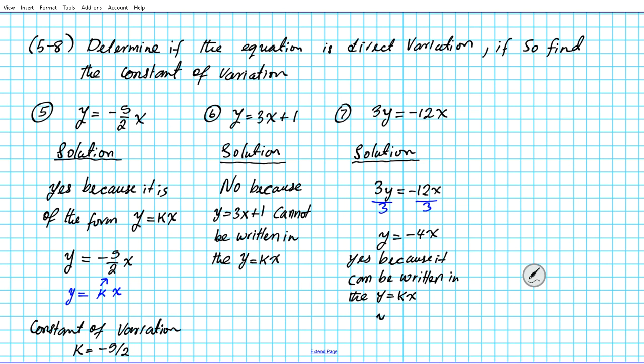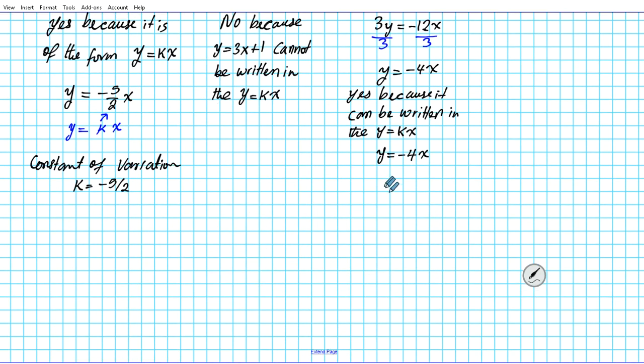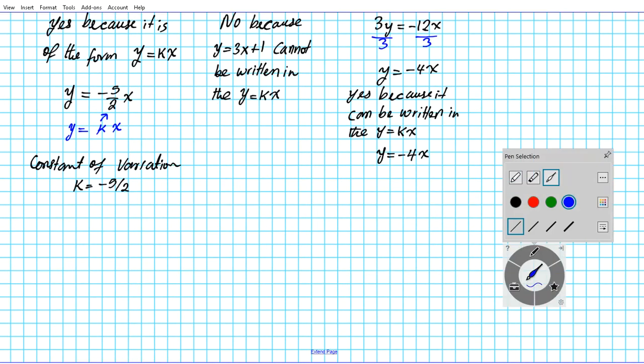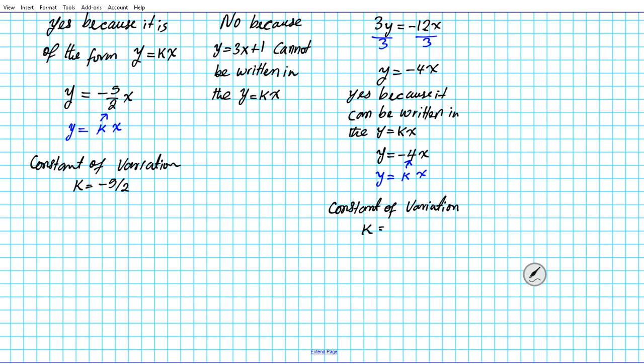And as you can see, the constant that x is being multiplied by in the y equals kx format represents your constant of variation. So there it is right there. That's your constant of variation. So our constant of variation k is negative 4.